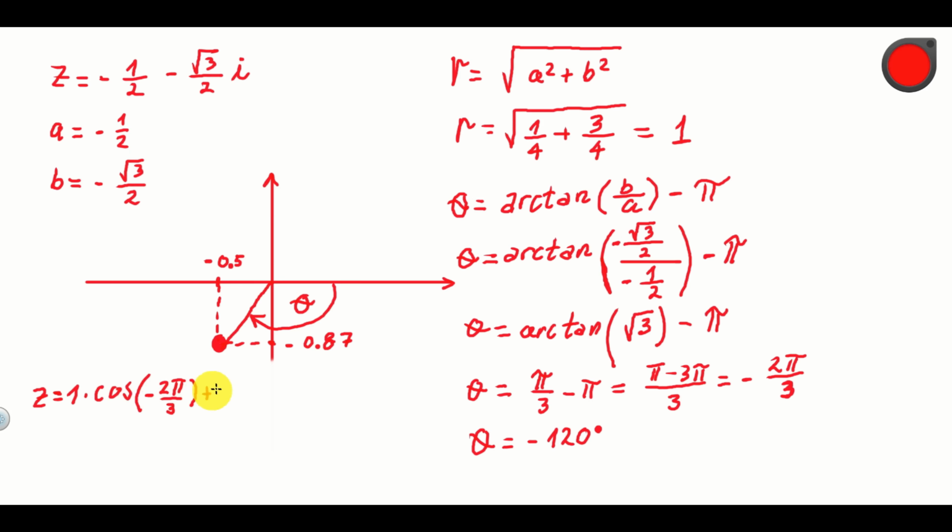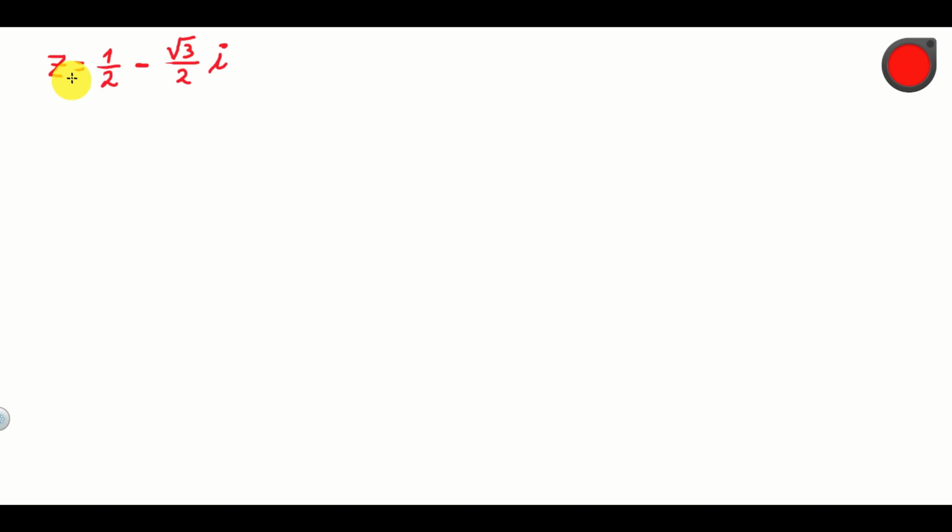Then we have plus 1 sine of theta, and theta is minus 2 pi over 3, multiplying I. Or in the Euler form, we have z is equal to 1 e to the power minus 2 pi over 3 multiplying I, and that's it. And here's our last problem. Over here, a is 1 over 2, b is minus square root of 3 over 2, and let's sketch this complex number.